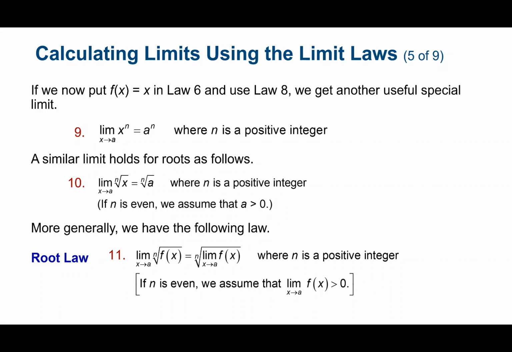Remember, the nth root of x is the same thing as x to what power? 1 over n. So really we're just using 9 again in that form. So that says if we want the limit of the nth root, it's just the nth root of whatever number we're approaching.